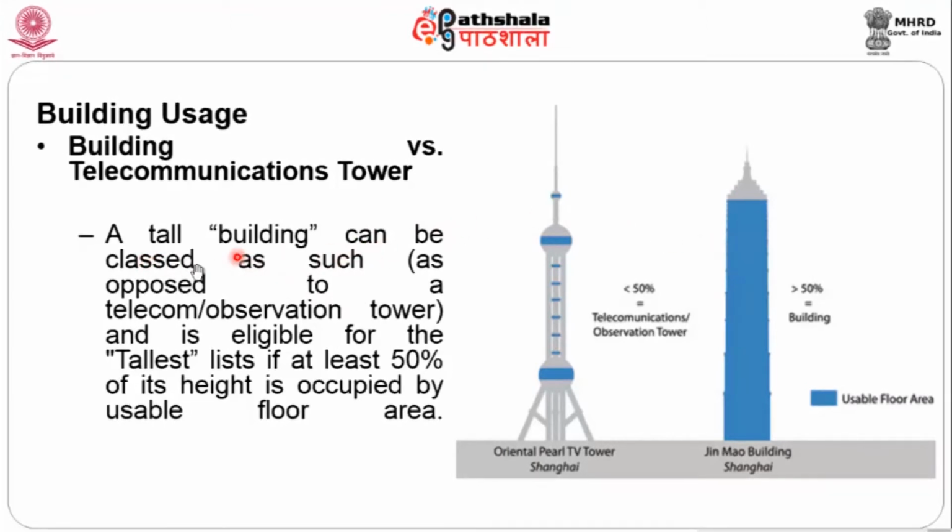A tall building can be classed as such and is eligible for the tallest list if at least 50% of its height is occupied by usable floor area. So, here we have two examples, Oriental Pearl TV Tower, Shanghai, which has less than 50% occupancy, whereas the Jinmao building in Shanghai has more than 50% usable floor area.